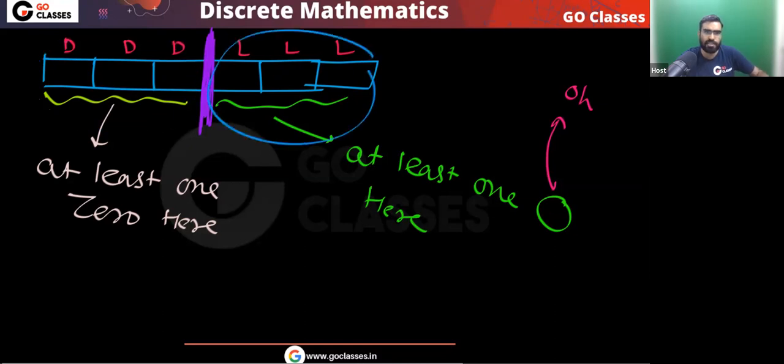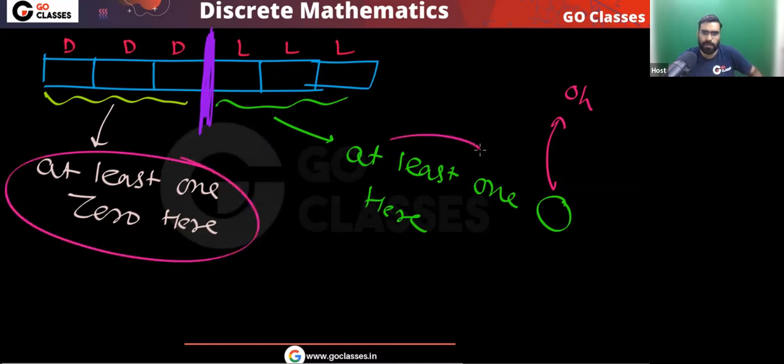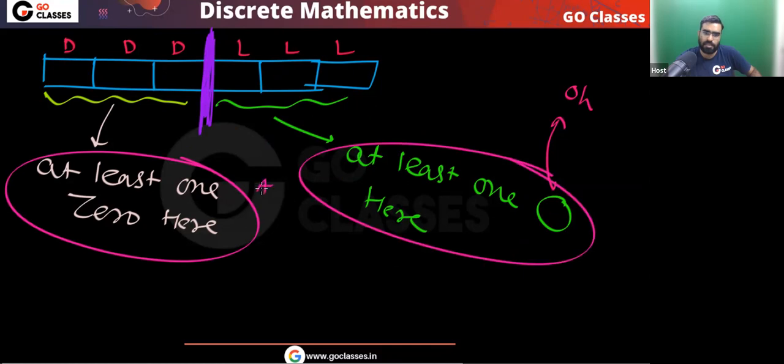Here you must have at least one 0, here at least one O. These two things should happen.